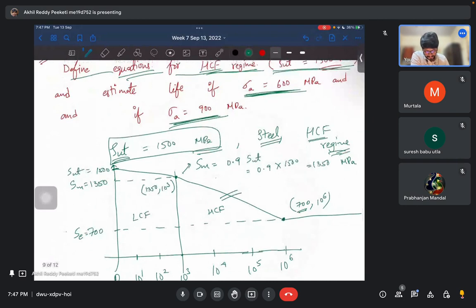We have this graph, 1350 at the SM and 700 at the endurance limit. Now the alternating or amplitude is 600 MPa. Mean is taken as 0 if it's not given, so this graph is valid. In that case, amplitude is given as 600 MPa. So what would be the number of cycles that it can withstand?